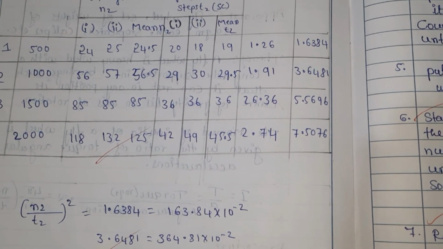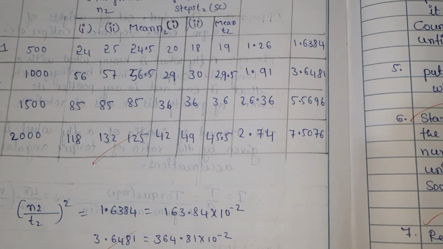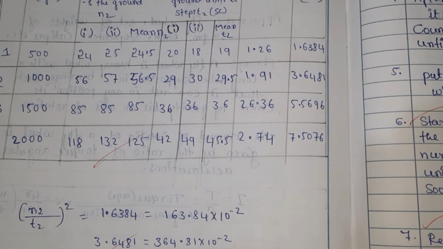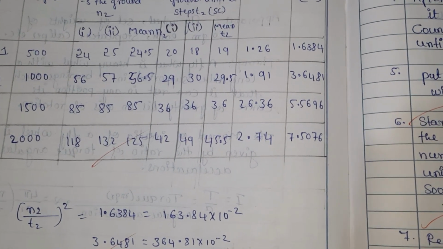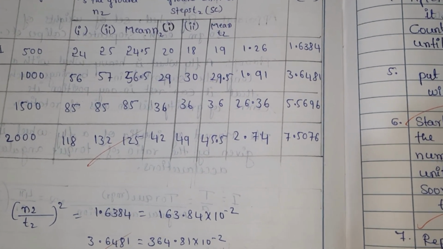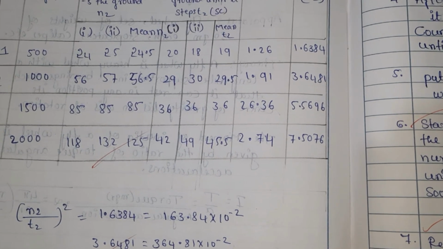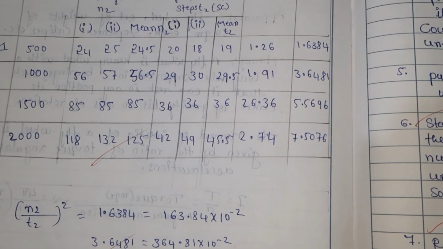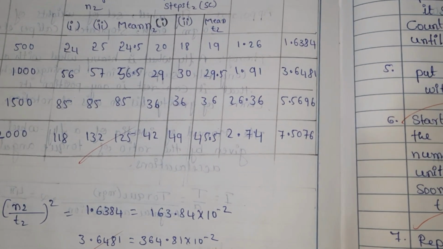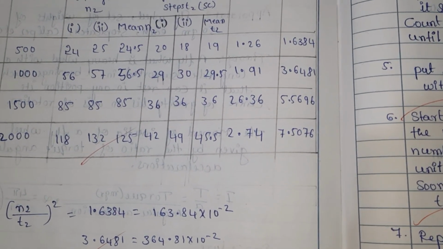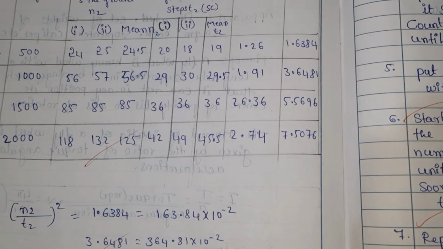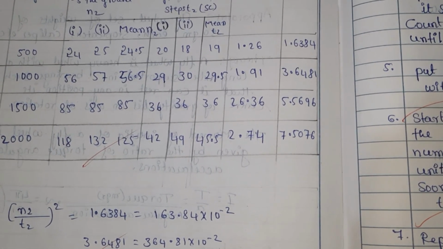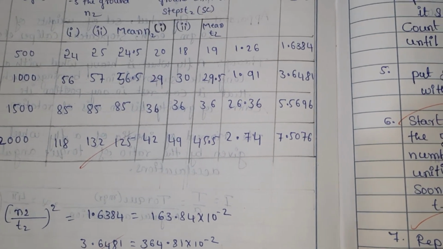Then you have to take the mean. For 500, for the first reading, add 24 plus 25 and divide by 2, and you will get the mean. And the second time, add 20 and 18 and divide by 2, and you will get 19 for 500 gram. Next you have to calculate N2 by T2, where N2 is the mean for rotations and T2 is the mean for time.